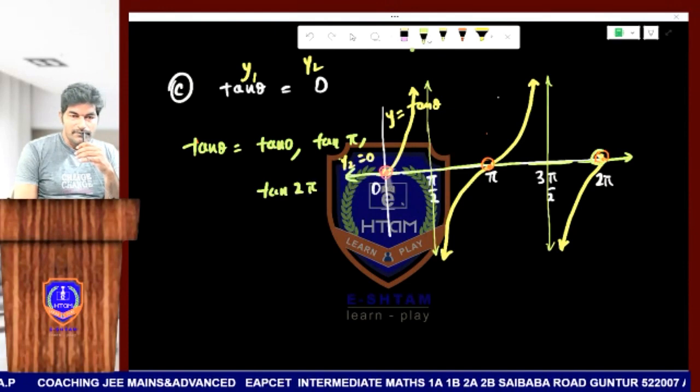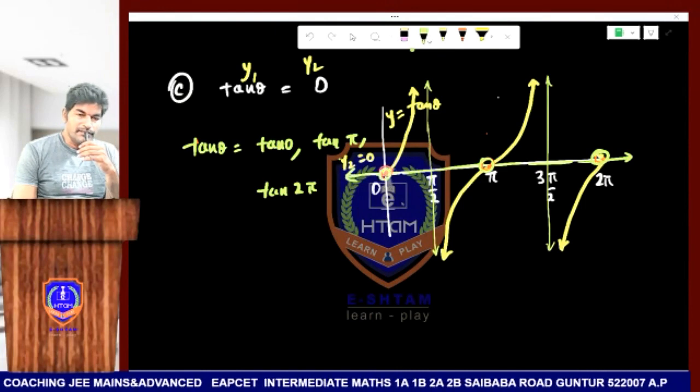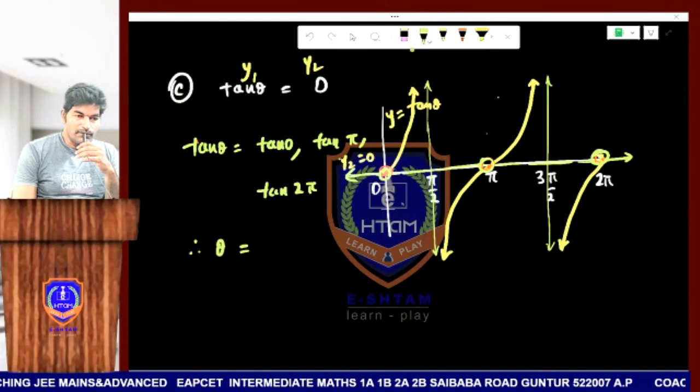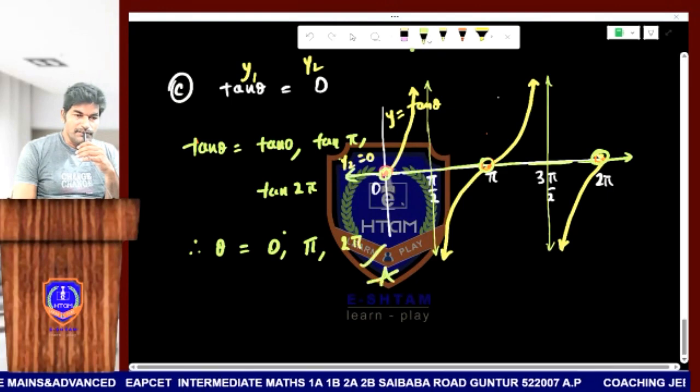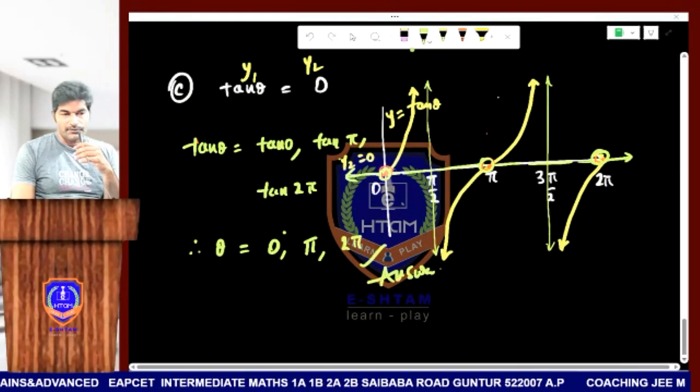At these points, the graph and this line intersect each other. Therefore, write down theta equal to 0, pi, and 2 pi. So this is the answer for this question.